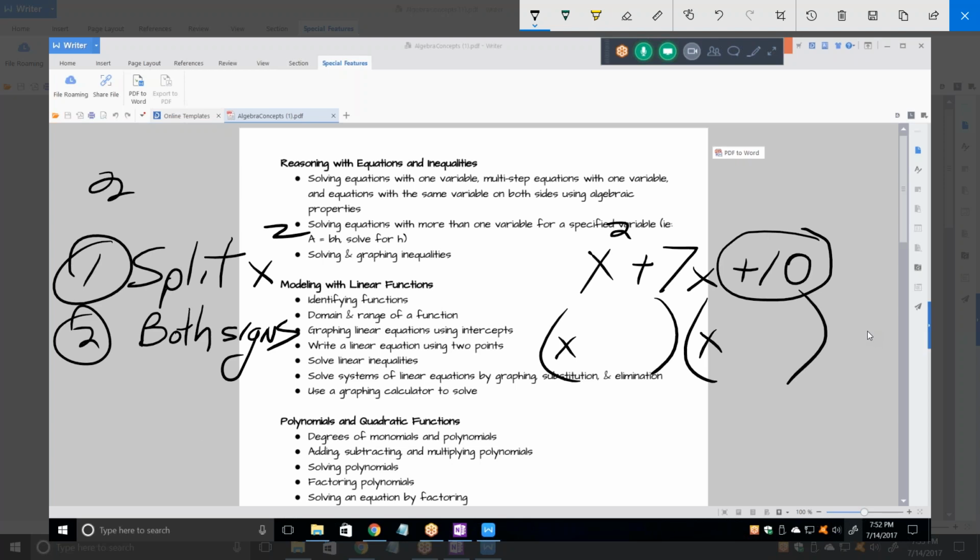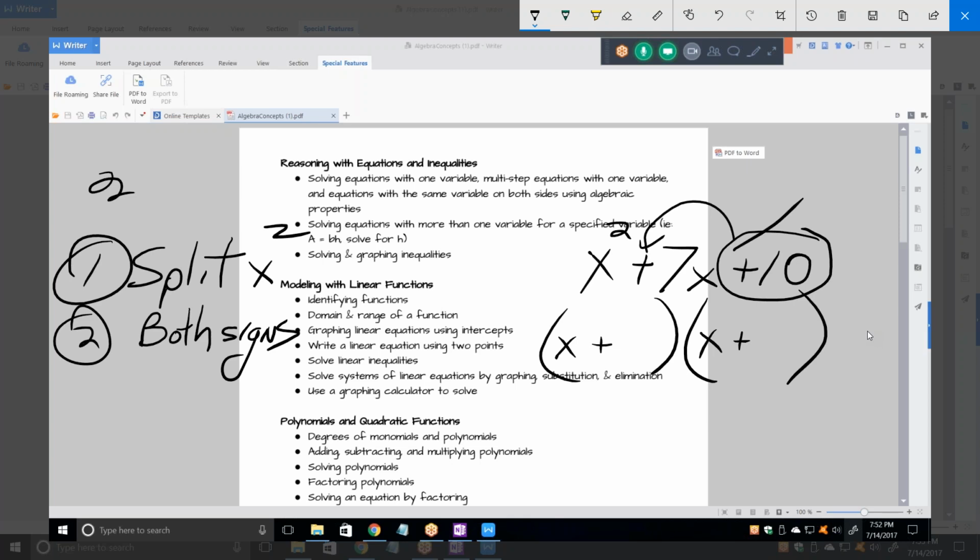So, this plus sign tells me that the signs have to be the same. They have to either both be negative or both be positive. And if I want to know which one, look at that sign. That tells me they both have to be positive. So that's step 2, determining both signs.